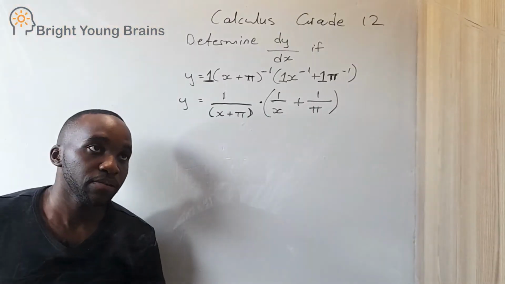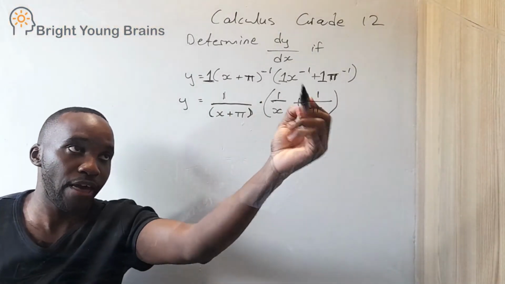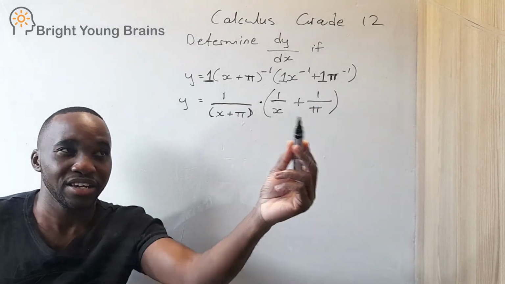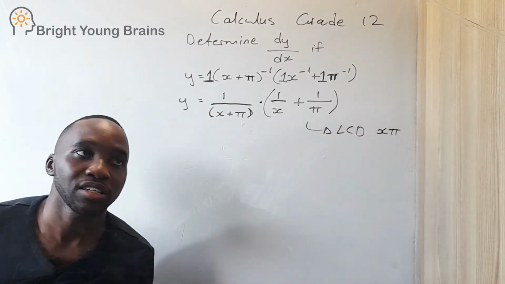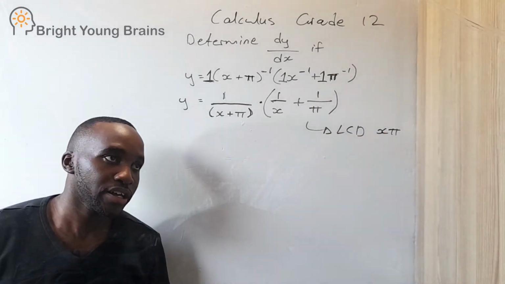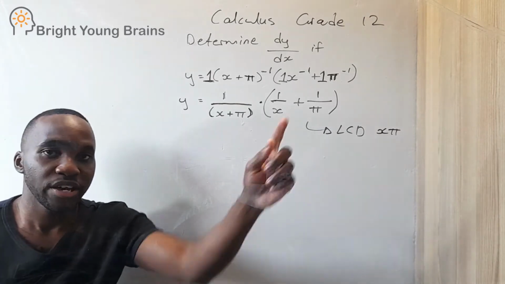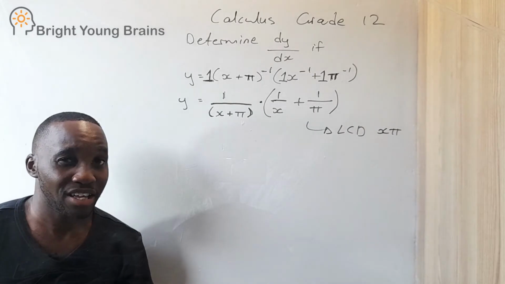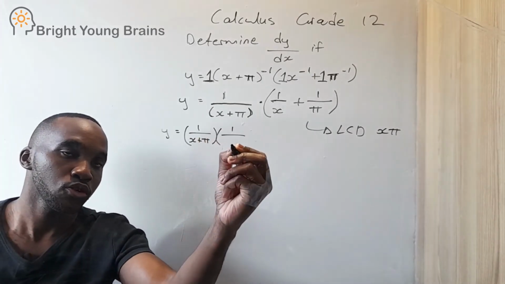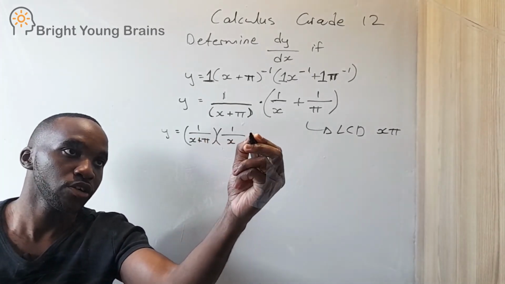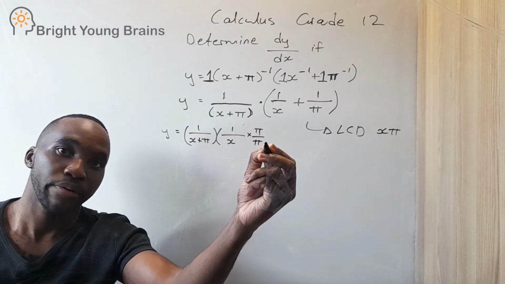Now that we have simplified this and that, what you want to recognize is that this bracket has an LCD of just x times pi. Let's see what that's going to look like if we get an LCD in there. The 1 over x, we're clearly going to need to multiply by pi over pi.